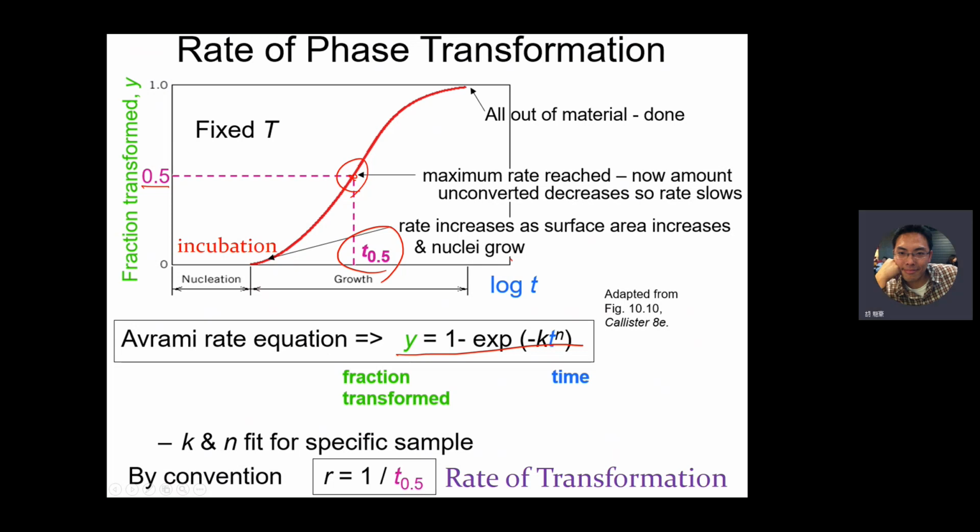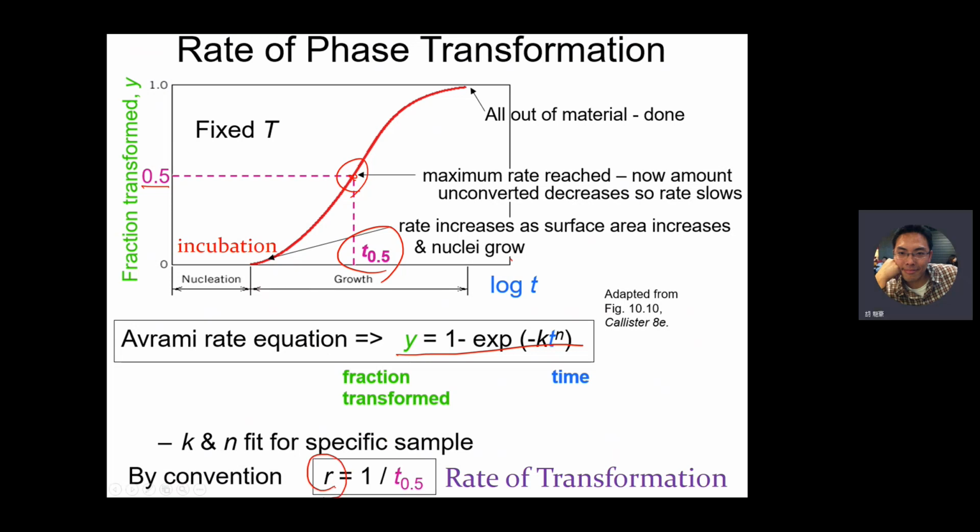And we define the rate of transformation as the reciprocal of the time for 50% transformation. So this is the transformation rate.